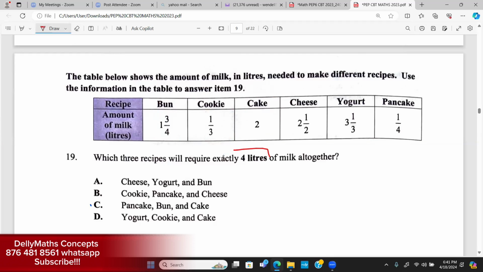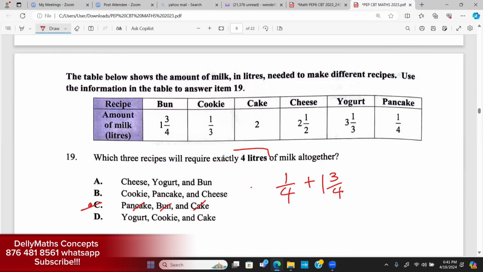So for each of these that you're going to be checking, you want to check by adding up to see which ones you're going to get 4 for. So I'm just going to pick on this one here. You'll be checking all of them, one at a time. So let us see if this one works. Pancake is 1/4, and I'm going to add that too. So that's 1/4. Bun is 1 3/4.